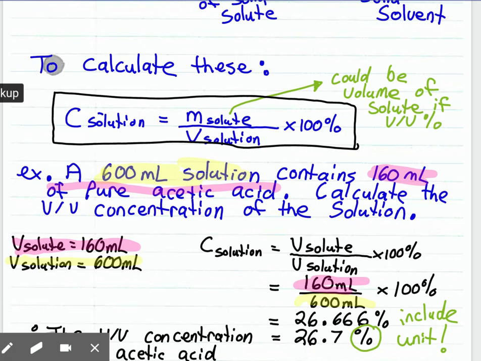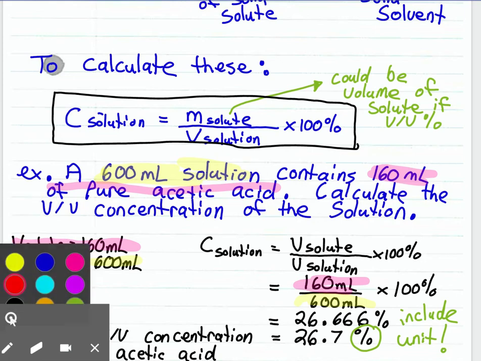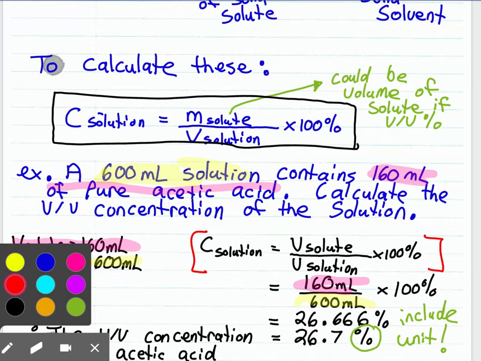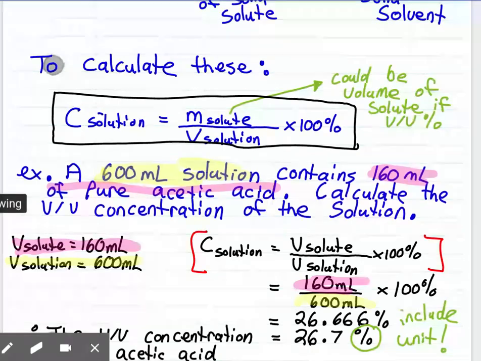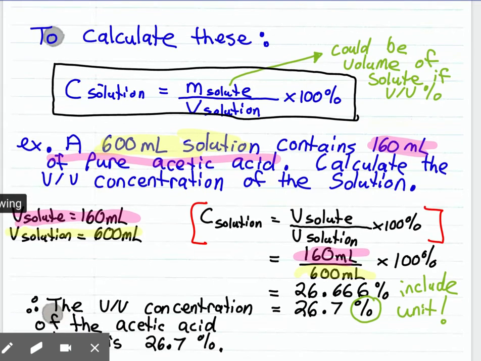Now, I just want to point out, and I want you to notice, that I wrote the formula first. So I wrote right here the formula for concentration. And this is proper scientific format for good communication marks. So you're going to write your formula first and then plunk in your numbers just like I showed you, and then put it in your calculator.